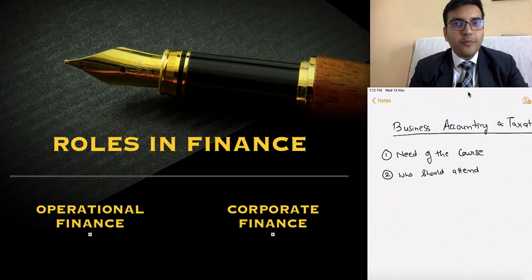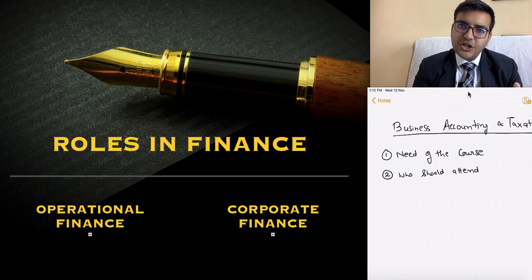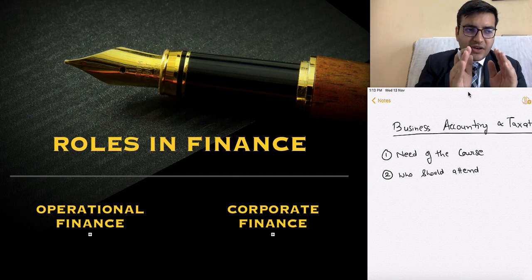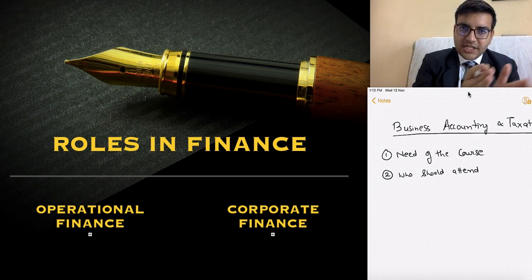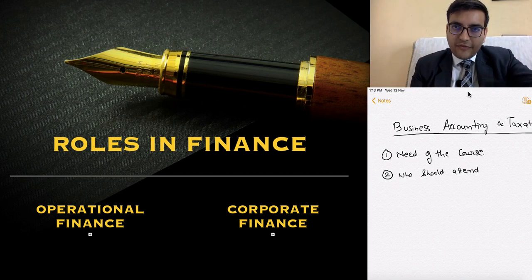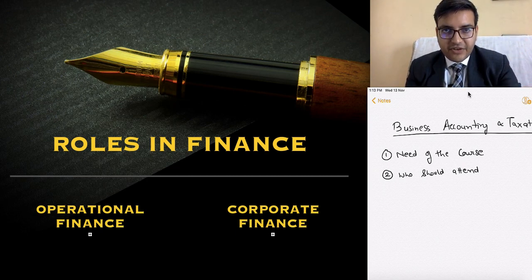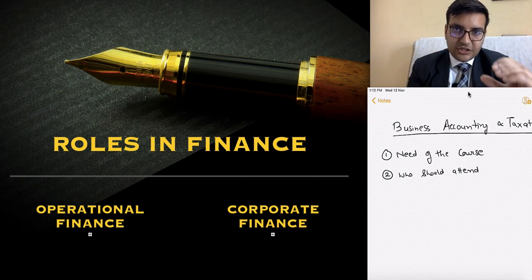Okay, they are into operational finance, so they will only look into the variable or fixed expenditure related to one property, not the complete brand. Okay, related to one property. And how they will look at it, they will prepare the books of accounts department wise, cost center wise, like what is the sale of rooms and what is the profitability in rooms, what are the sales in F&B, what is the profitability in F&B, what are the sales in spa, what is the profitability in spa, what are the expenditures incurred in spa.